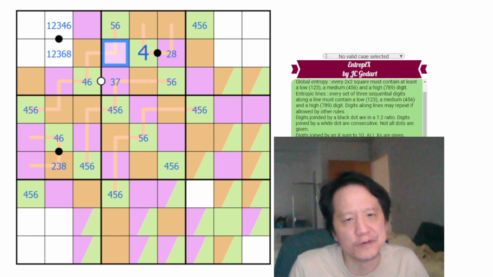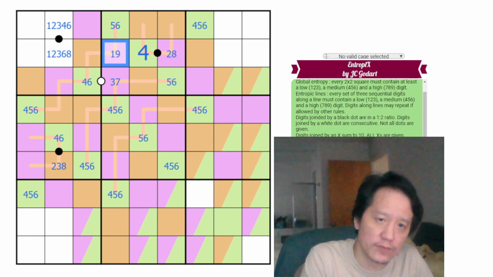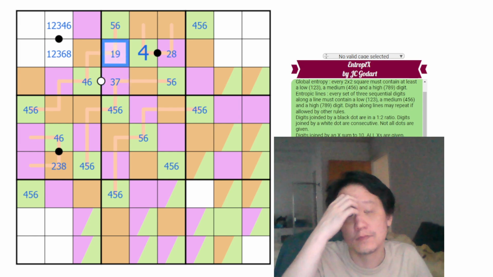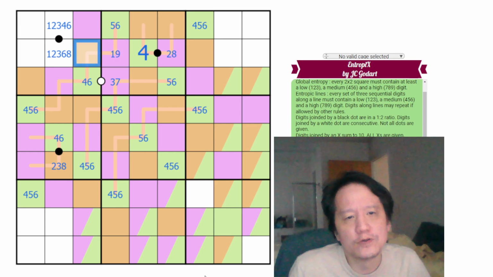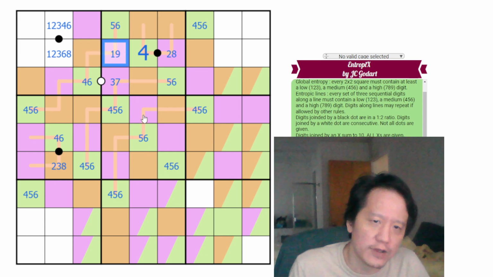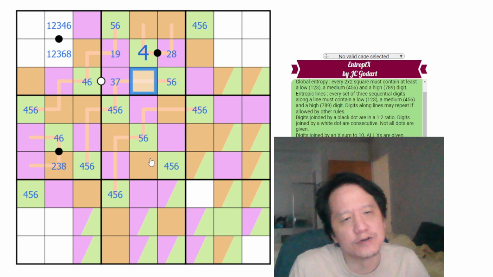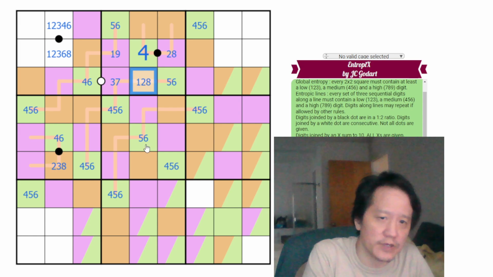This has to be 1 or 9, right? So this cannot be 1 or 9 because the other one would have to be here. This cannot be 3 or 7, so this is 1, 2, 8, or 9.